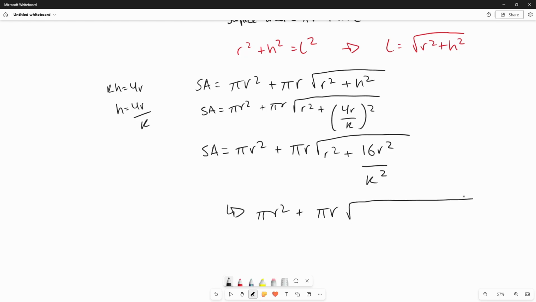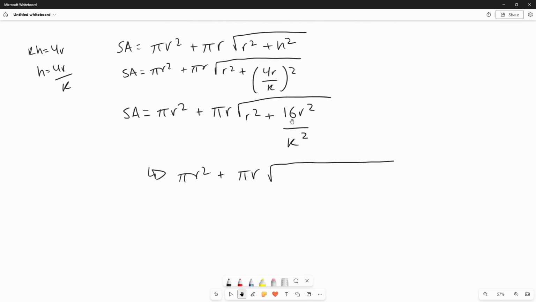So what we can do from here is factorize the r squared out of r squared plus 16r squared over k squared, like this.